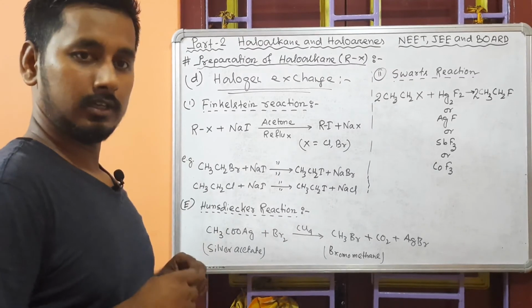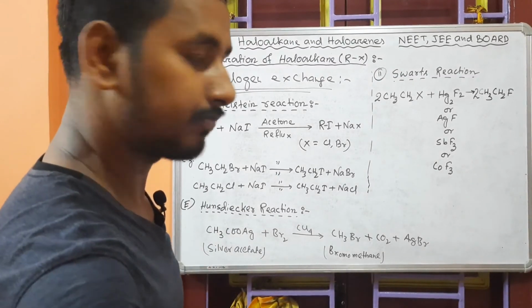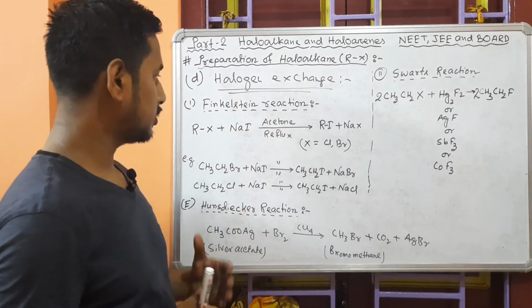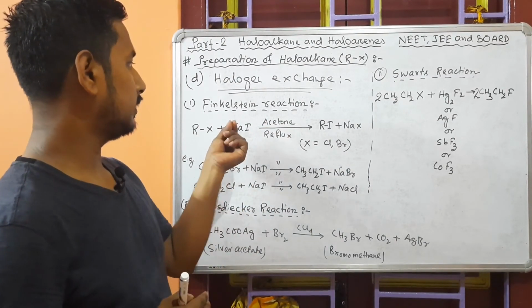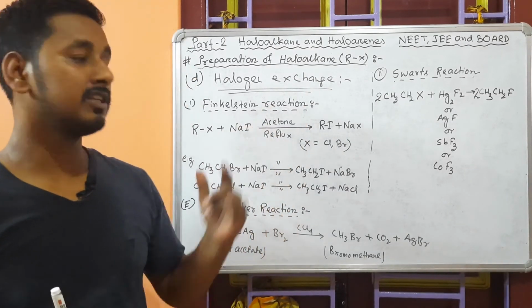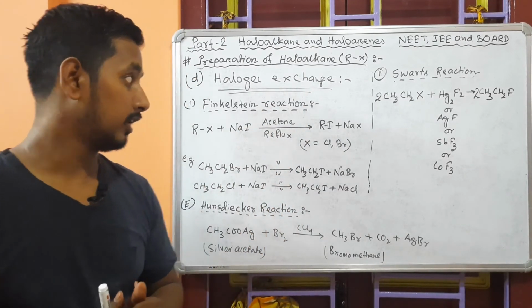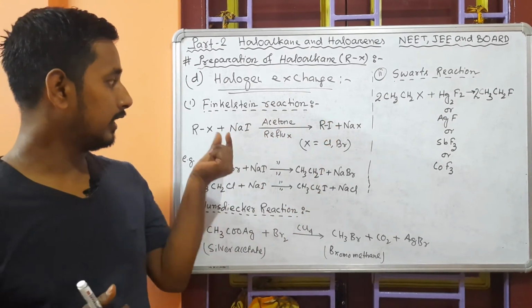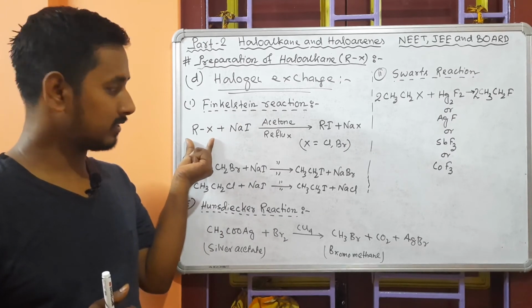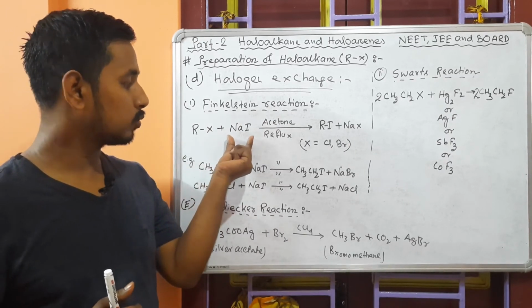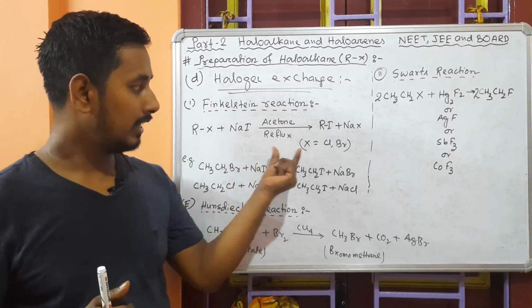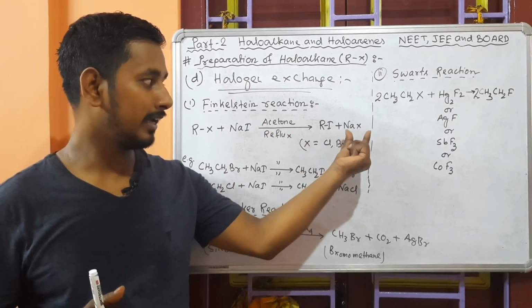So by the reactions of halogen exchange, we prepare haloalkanes by using the Finkelstein reaction and the Swarts reaction. In the Finkelstein reaction, RX, when reacted with sodium iodide in the presence of acetone followed by reflux, gives RI as the product and NaX as the byproduct.